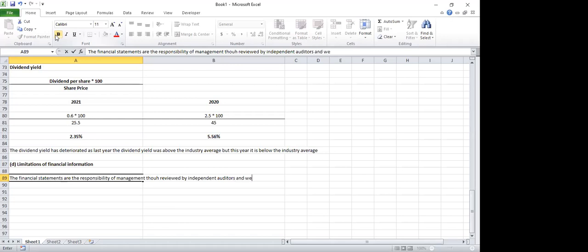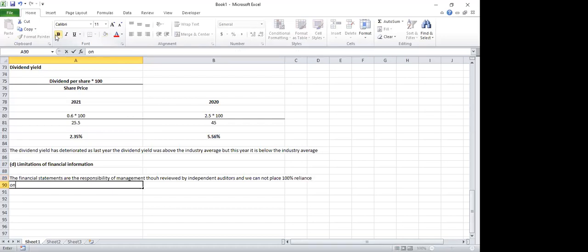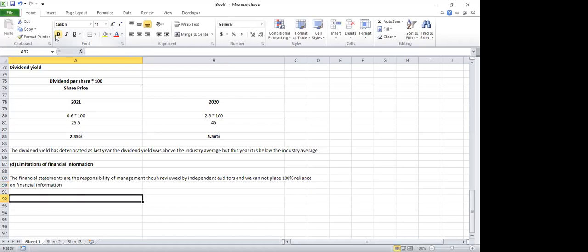And we cannot place 100% reliance on financial information. So the accuracy of the information, we cannot just be overly confident that the information is accurate. It might be wrong. Remember that it's being prepared by management themselves. So they can even manipulate the financial statements.